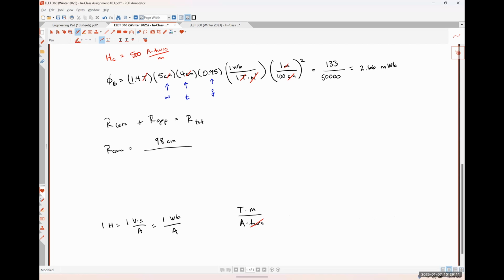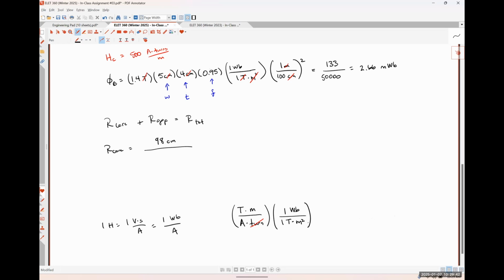Okay. Now what I'm going to do, I'm doing this more formally, I guess. I'm going to put a Tesla on bottom and then a Weber per meter squared. So that's me converting from Teslas into Webers. Are we okay with that?